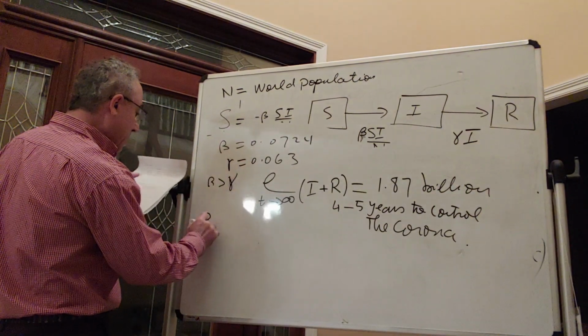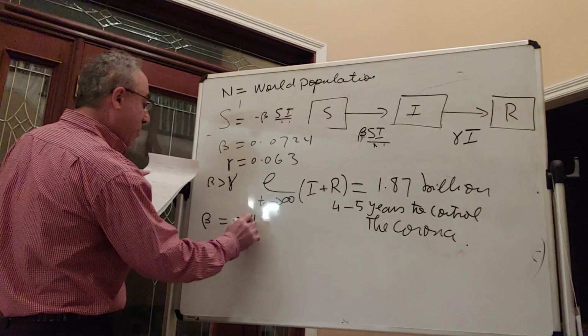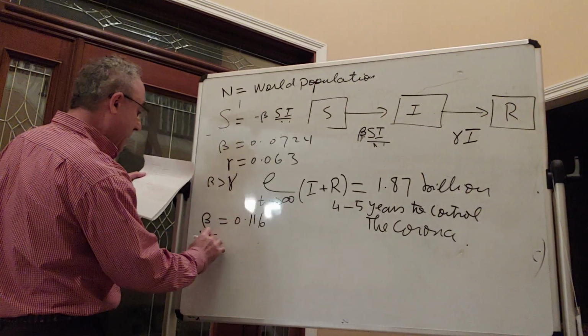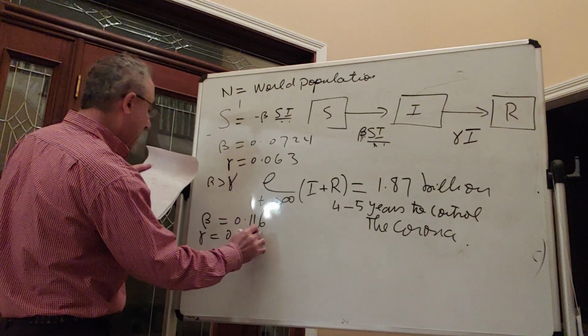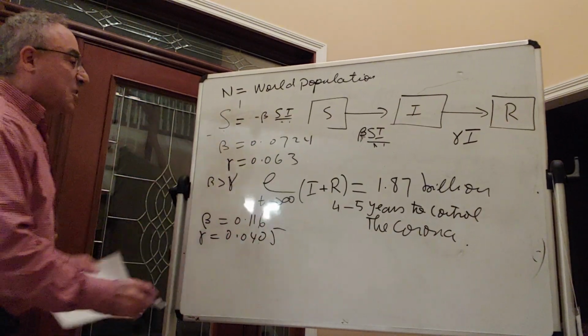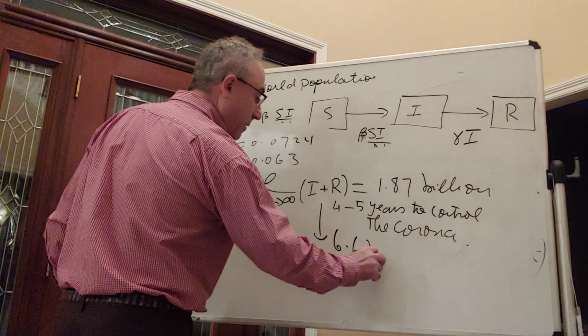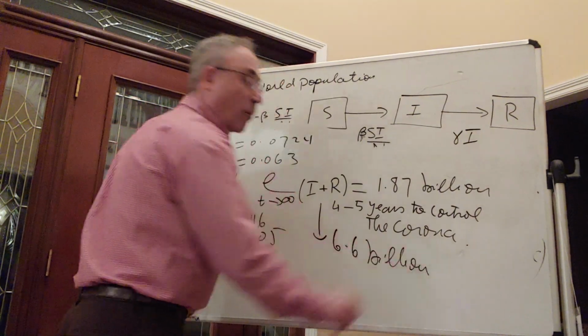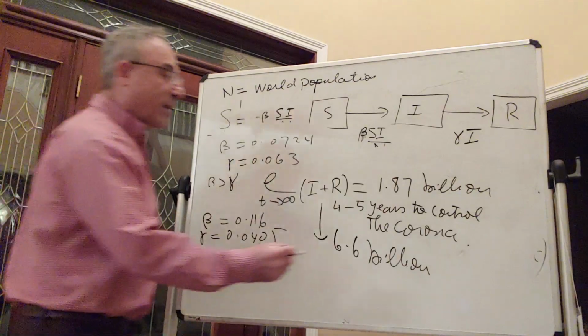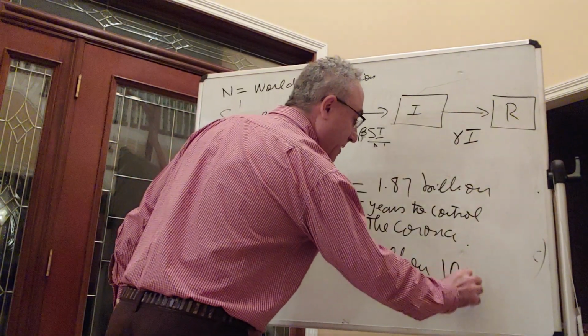If beta is 0.116 and gamma is 0.0405, that limit will be 6.6 billion, almost the whole population. And that will take only 10 months.